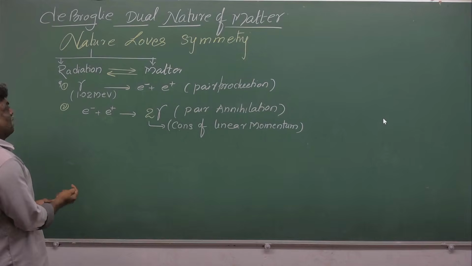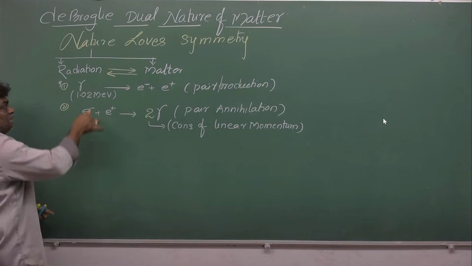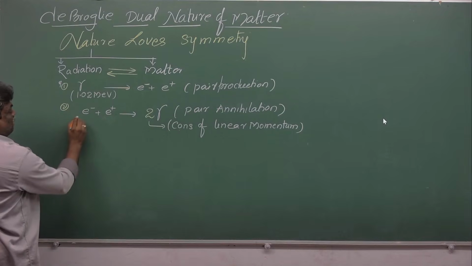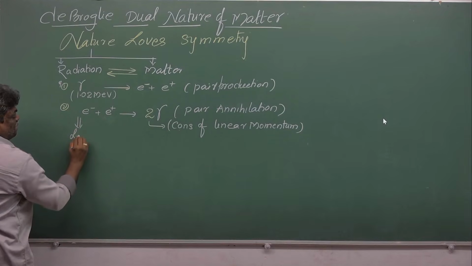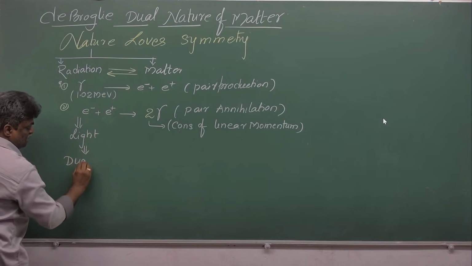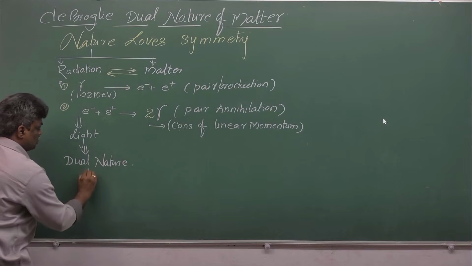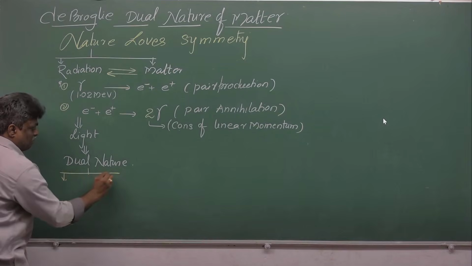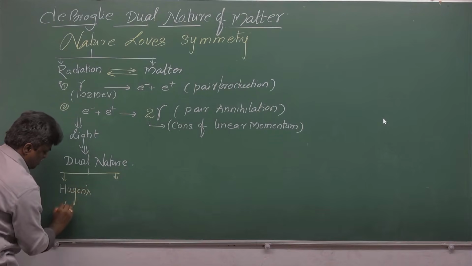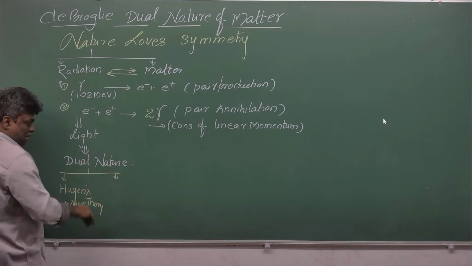That's good, fine. So nature contains only radiation and matter. These are the reactions that occur in nature. Now the point is radiation, that means light, already has a dual nature, because we know the two theories: Huygens wave theory and Newton corpuscular theory.